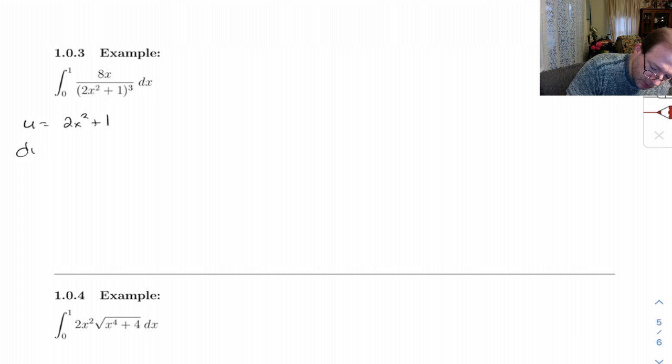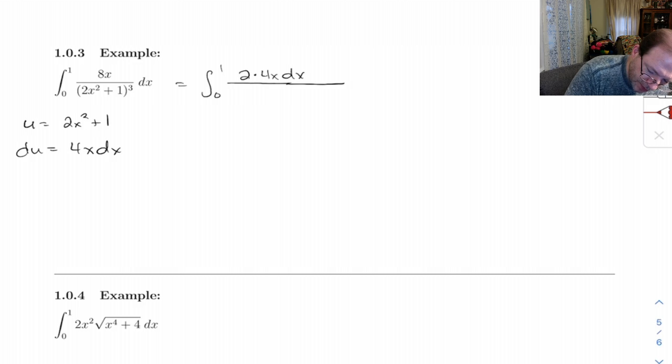So my du is going to be 4x dx. And let's see, how do I want to deal with this? This is 8x dx. I'm going to rewrite that as 2 times 4x dx.